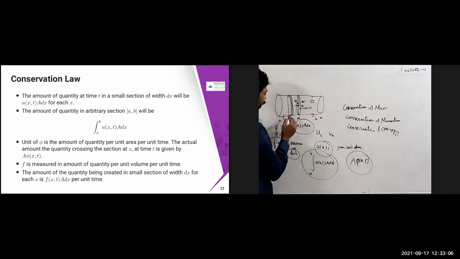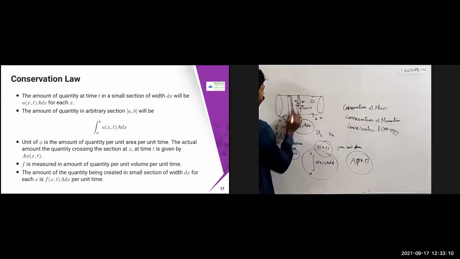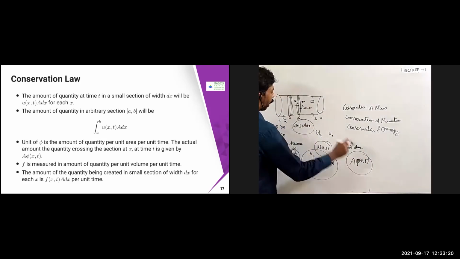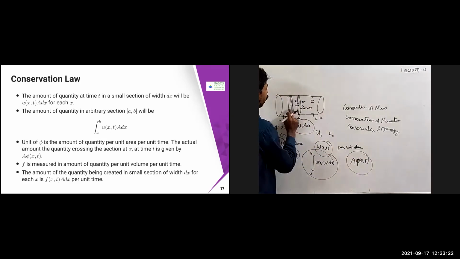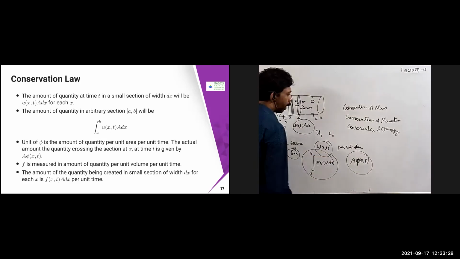For this entire region, if I want some arbitrary interval, then I have to integrate that. Same thing for phi of x comma t, which is per unit volume. So for the entire region I have to multiply with the cross-sectional area, and then I will get the integral. Same thing for f also.